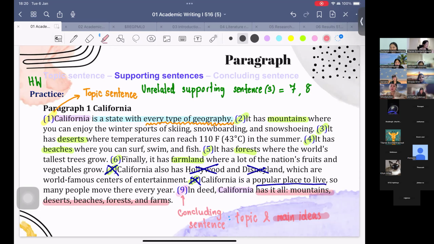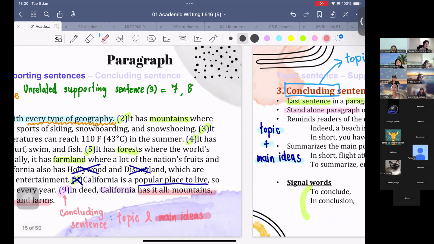So you can provide explanation to the main idea as well, and that would be for the supporting sentences. In terms of the content and supporting information in your paragraph, make sure everything related to your topic would be the best.